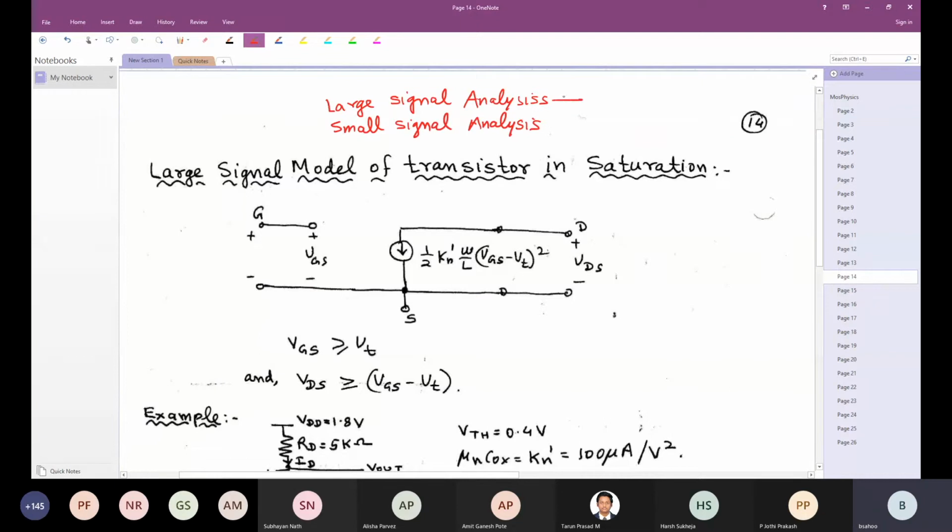The large signal analysis uses exact current voltage equations. The small signal analysis uses linearized approximations.